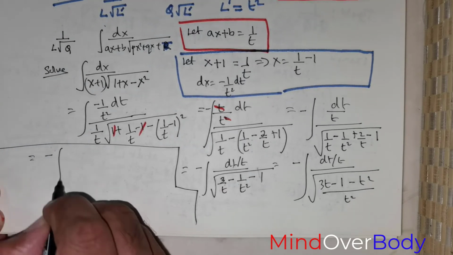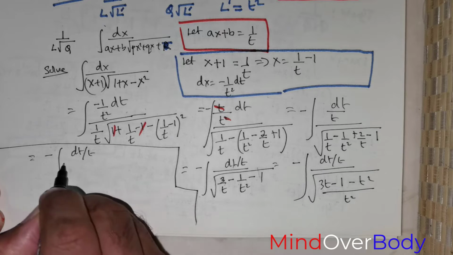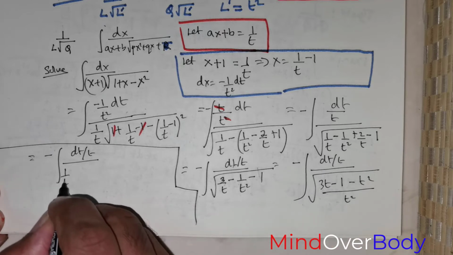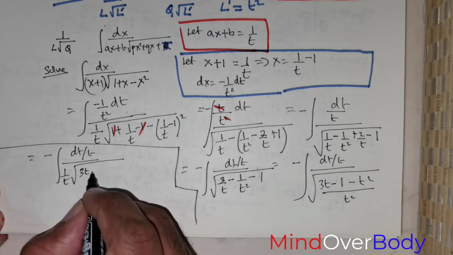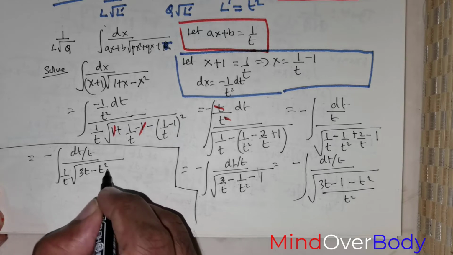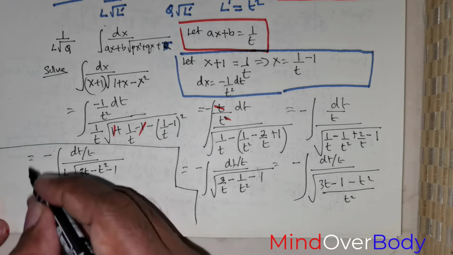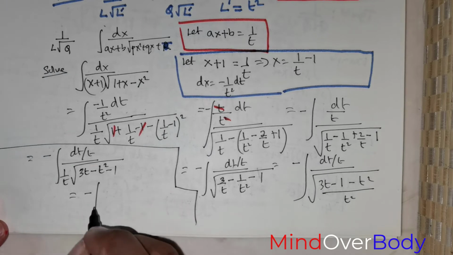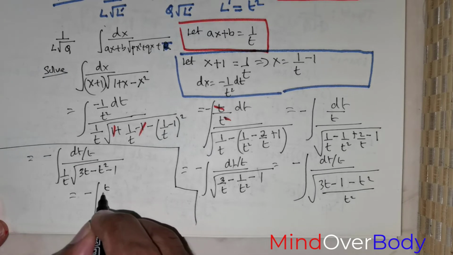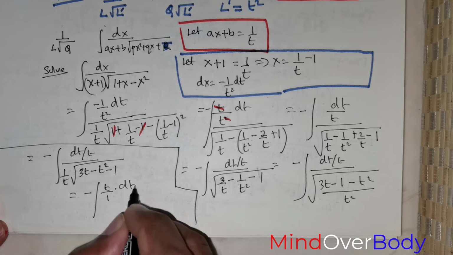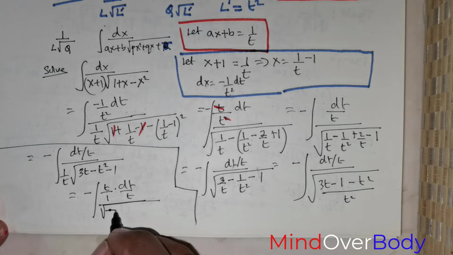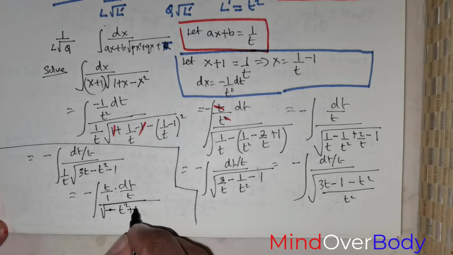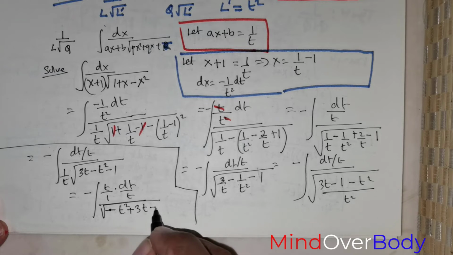So this is equal to negative integral dt over t. I'm bringing the t out, so it's going to be 1/t times 3t − t² − 1. Now you flip this, it's going to be negative t over 1 times dt over t divided by root of, now let me write it like this, −t² + 3t − 1.